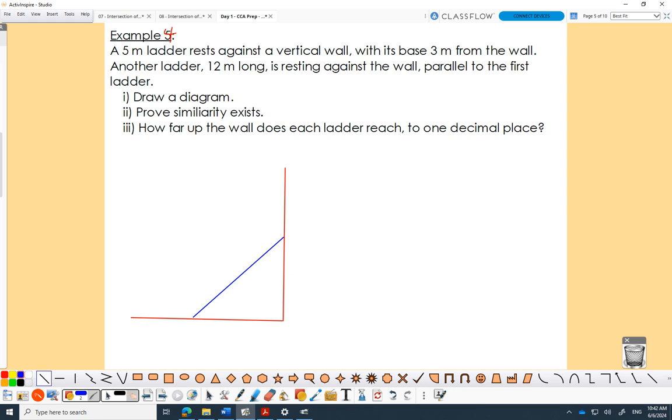Okay, good. Ladder 1, and then ladder 2 is parallel to the first ladder. I don't know why you would do this. Let's see how I do. Does it look parallel? Maybe they're in storage. Yeah, good, store a 12-meter ladder. I don't have good reasons why this happened.